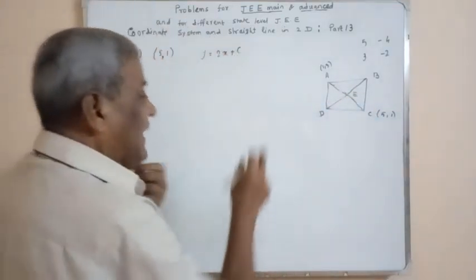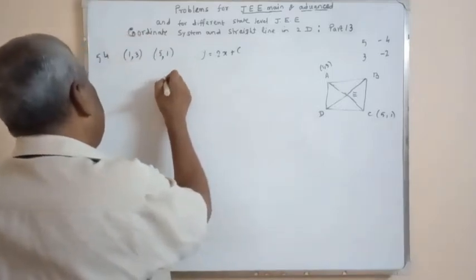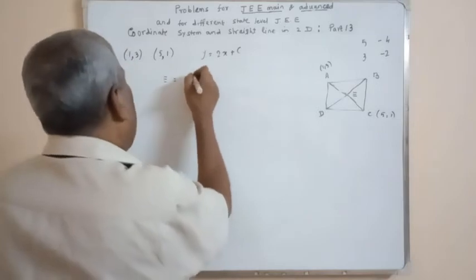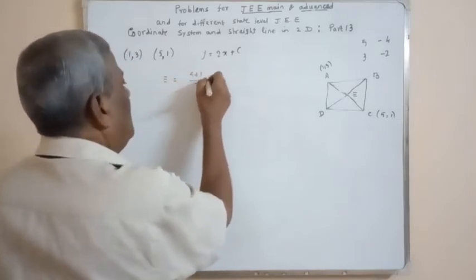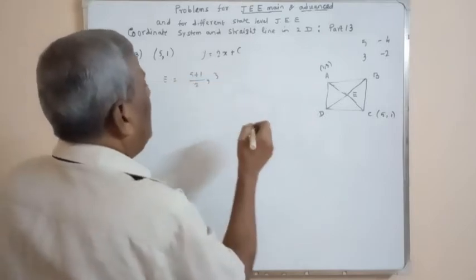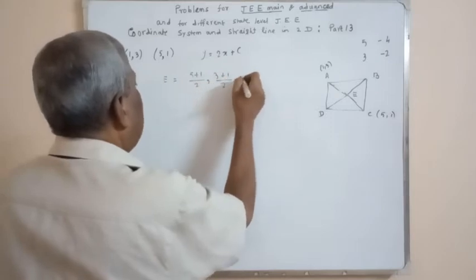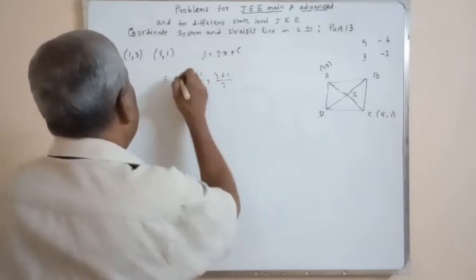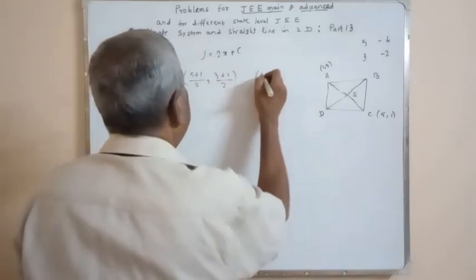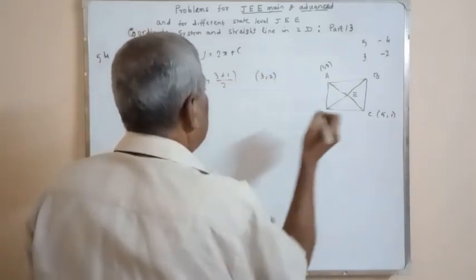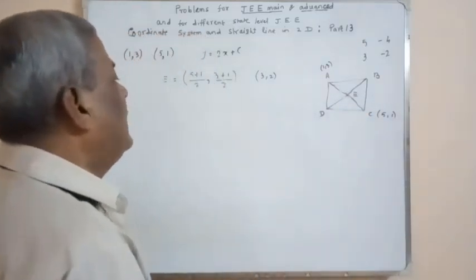From the diagonal AC, its midpoint is E = ((5 + 1)/2, (3 + 1)/2), that is actually (3, 2). So (3, 2) is the point E, which is the midpoint of AC.